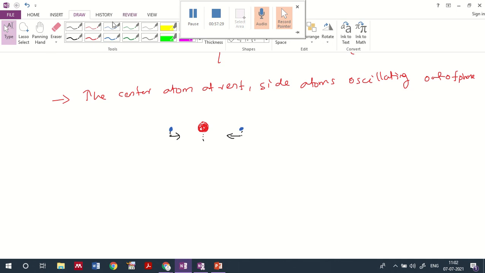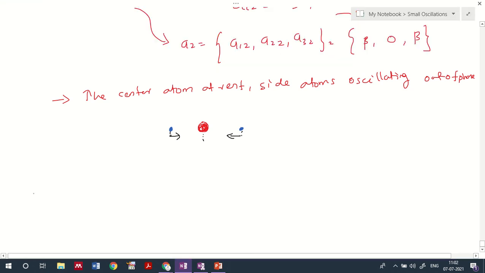Now we are moving on to the discussion of the third one. The third frequency is omega 3 equal to (k by m plus 2k by capital M) raised to 1 by 2 is the corresponding representation.